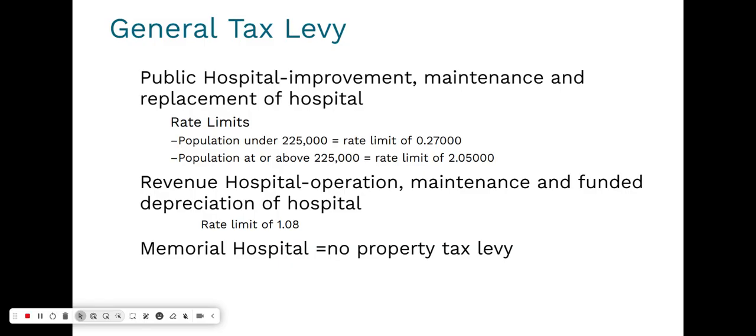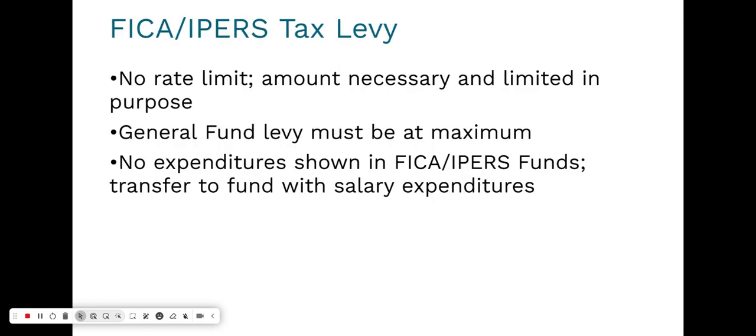And a memorial hospital, currently there is one hospital that's a memorial type hospital. It does not levy property tax directly. So that's the general levy that's used for the operations of the various hospitals.